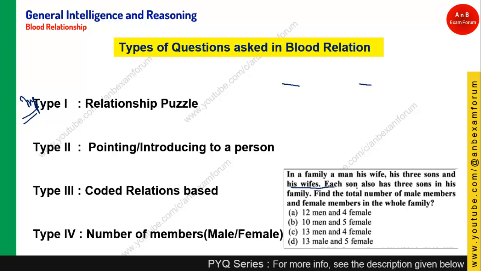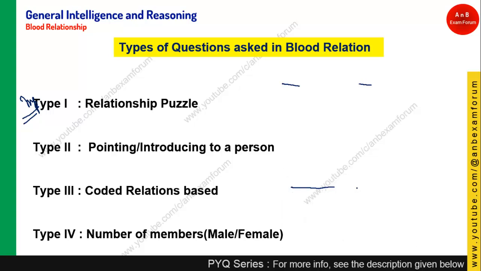So these are the four types which you will find in most exams. Otherwise it will be a combination of these types, or some miscellaneous question outside these four types. But generally you will find type 1 and type 2 in most cases, and in some exams you will find multiple questions on these particular types.